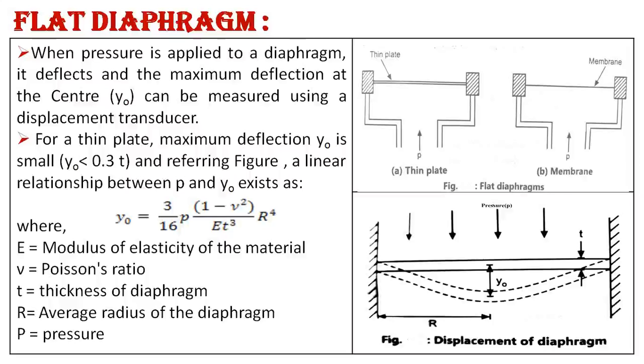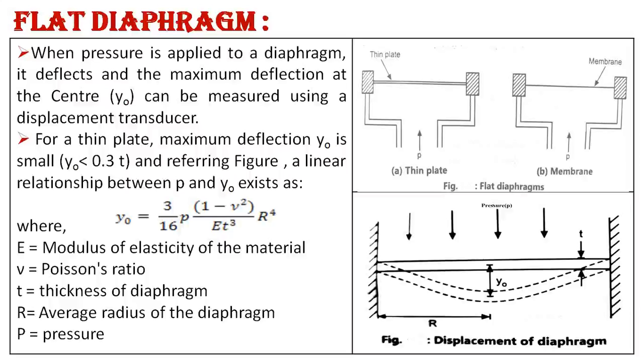Y0 can be measured using a displacement transducer. For a thin plate, the maximum deflection Y0 is less than 0.3 T, referring to the figure.